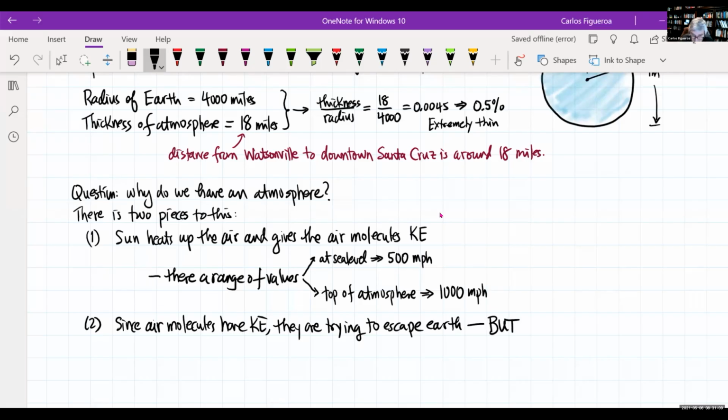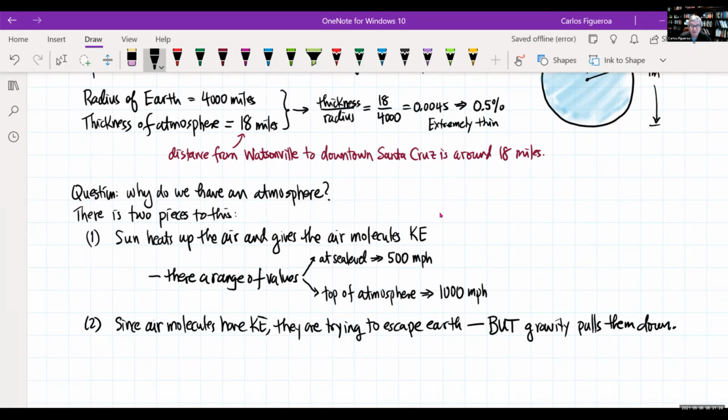But gravity pulls them down. So the second important piece here is gravity.